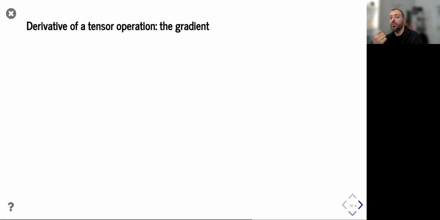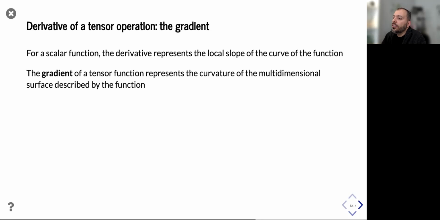How do we have to move in order to decrease the loss in our case? So as I mentioned, for a scalar function, the derivative represents the local slope of the curve. The gradient of a tensor function represents the curvature of the multidimensional surface described by the function.